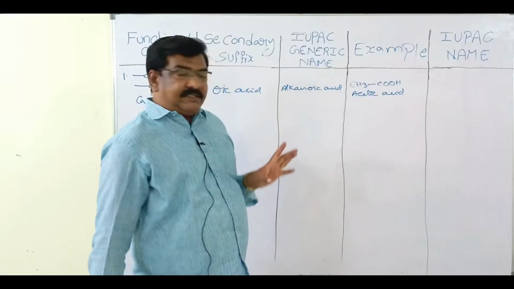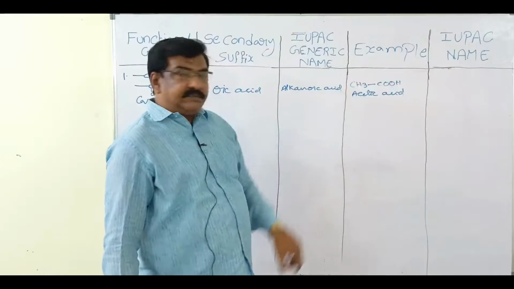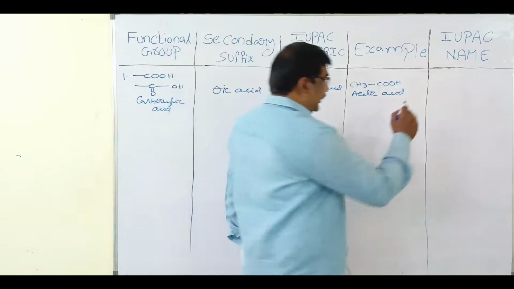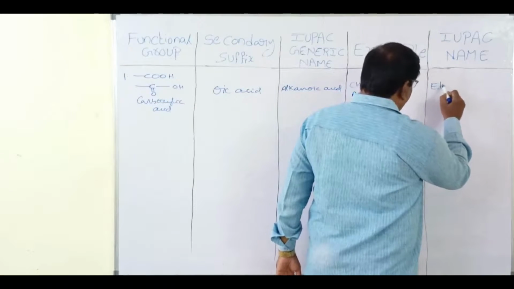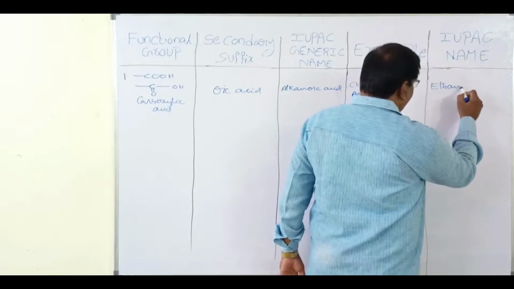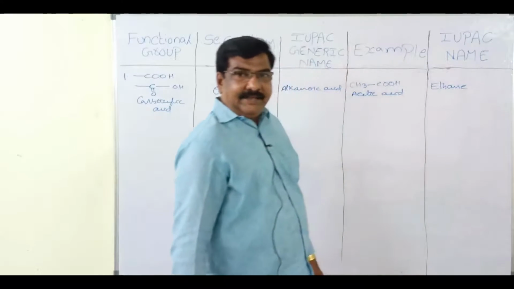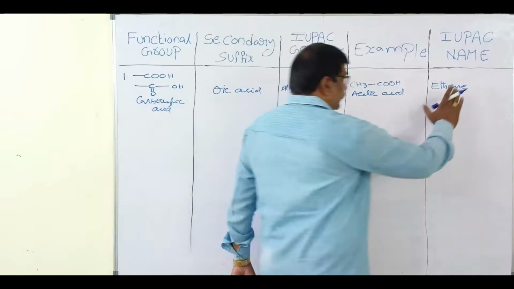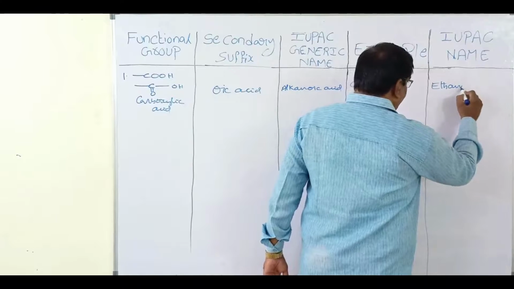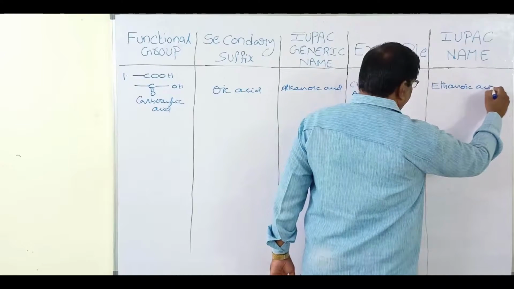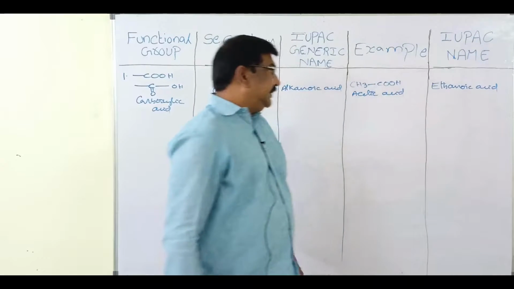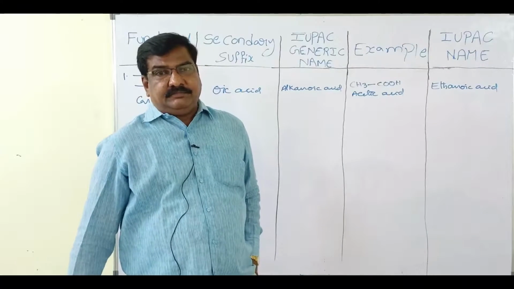What is its IUPAC name? There are two carbons, so write the name of alkane with two carbons, that is ethane. Now replace this E by oic acid. So this is ethanoic acid.